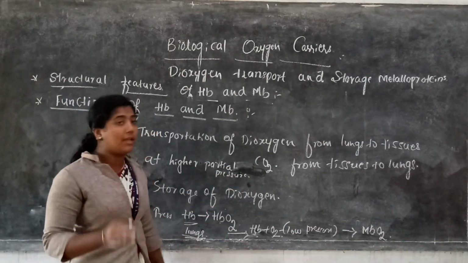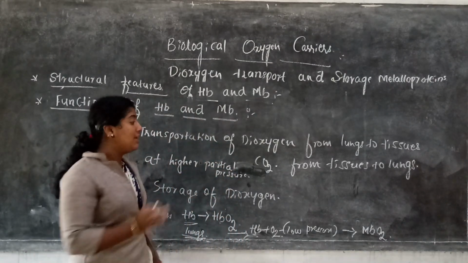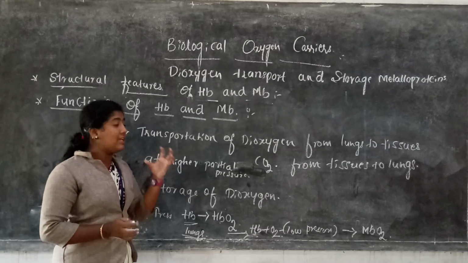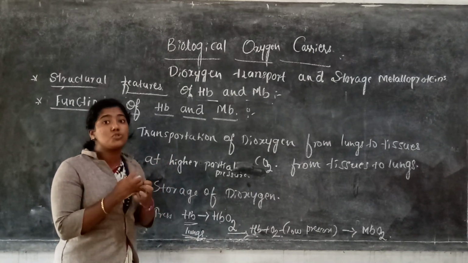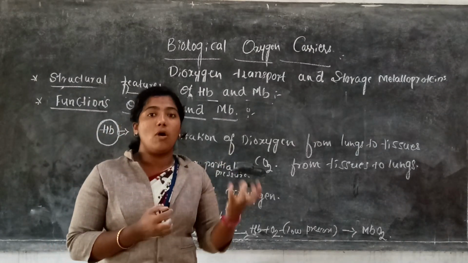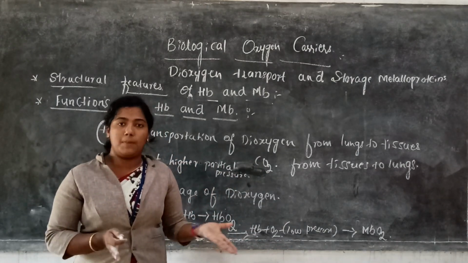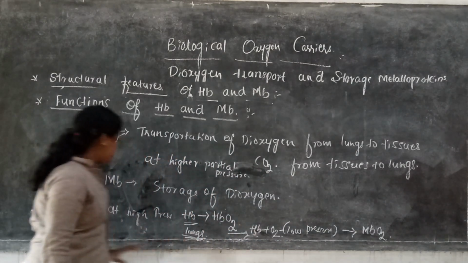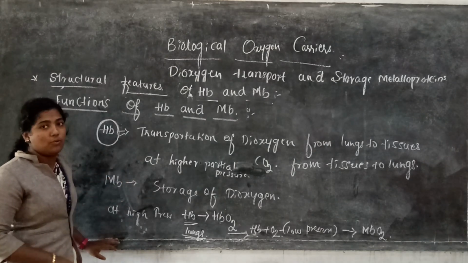So it binds the dioxygen very strongly, stores it, and gives it out when the body needs it. These are the main functions of hemoglobin and myoglobin.